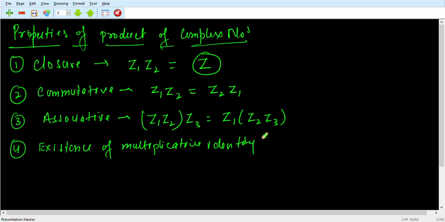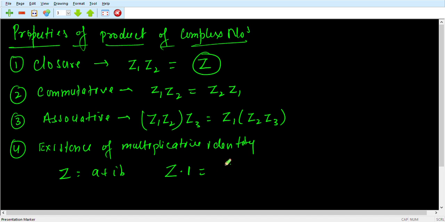Existence of multiplicative identity says for every complex number z, that is equal to any value a plus iota b, we have a complex number. Existence of multiplicative identity says what number we should multiply with a complex number so that the multiplied value is not going to change.